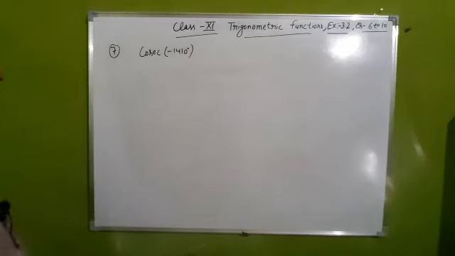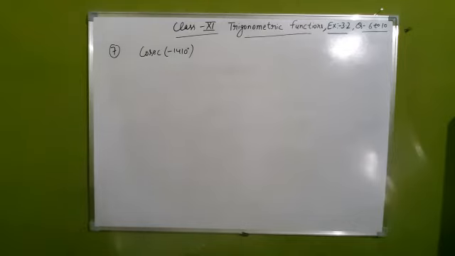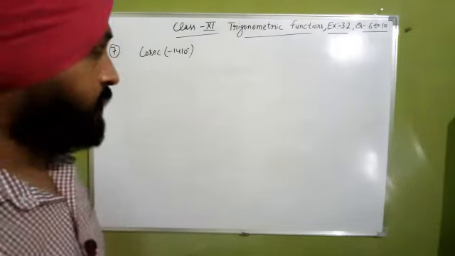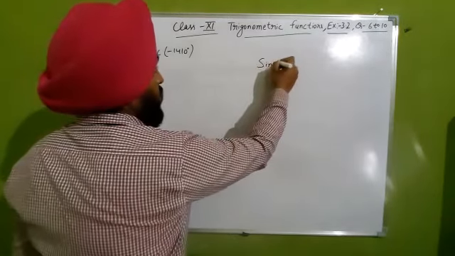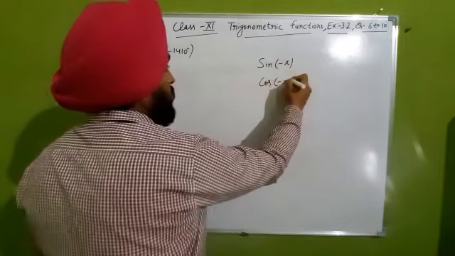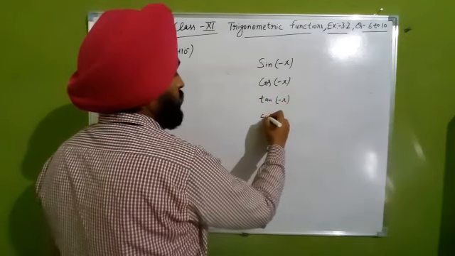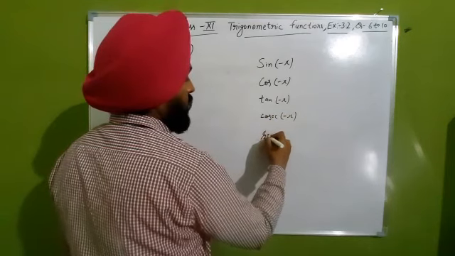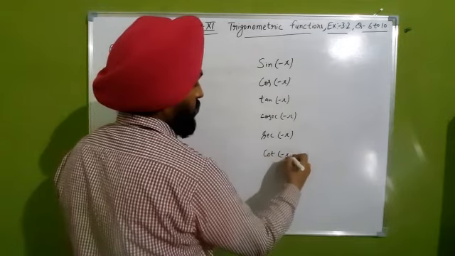Now question number 7, we have to find the value of cosecant negative 1410 degree. Please remember that sine negative x, cos negative x, tan negative x, cosecant negative x, secant negative x, and cot negative x.